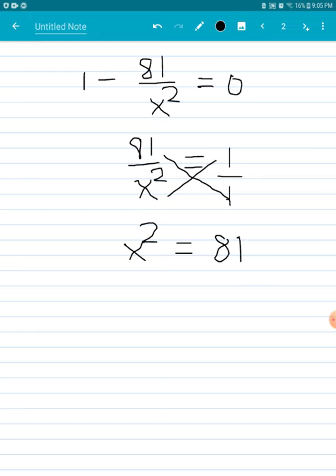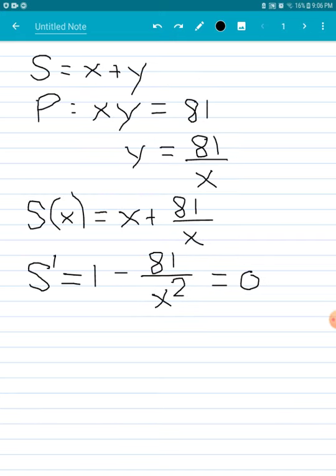Now since x and y are positive numbers, we get only one solution for x, one critical value, x equals 9. So that means this is the x value that will minimize the function S of x.